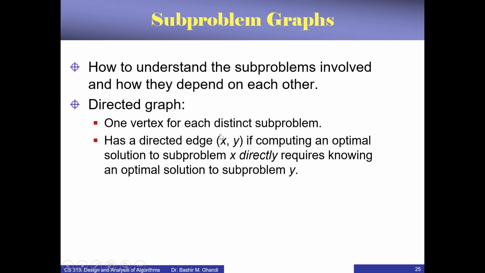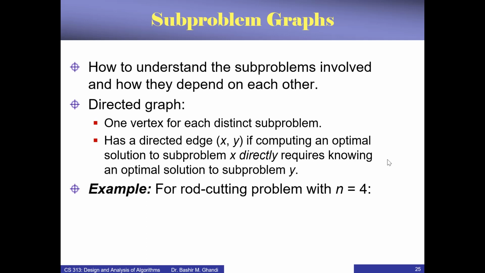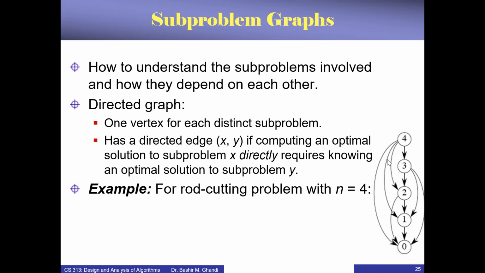Okay, if to compute x, you need to know the value of y, then you will have a directed edge from x to y. For example, for the rod cutting problem with n equal to 4, this is going to be our subproblem graph. So obviously for a problem of size 4, we need to know the problem of size 3.